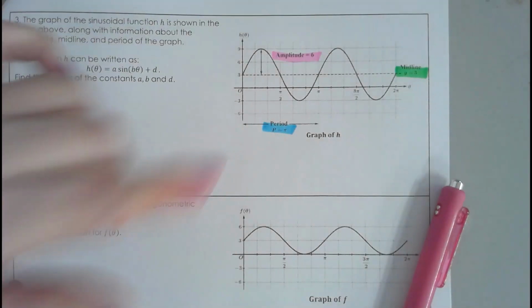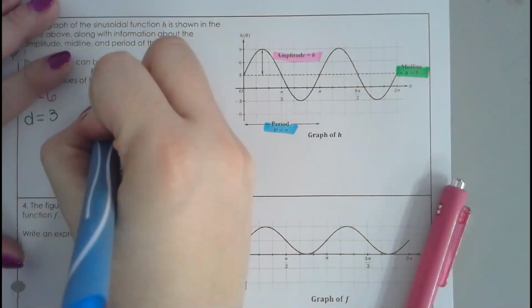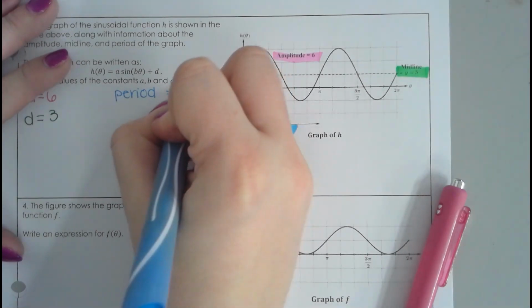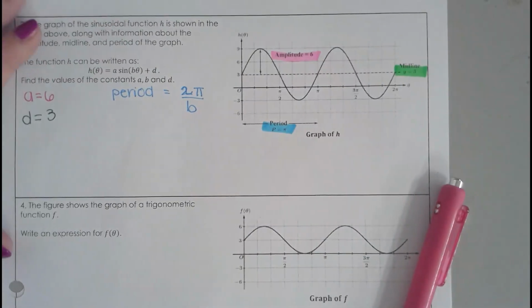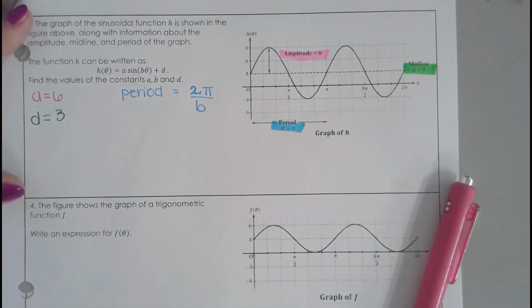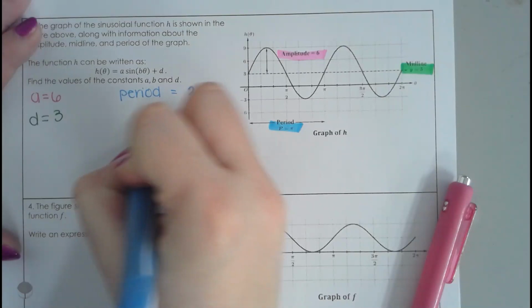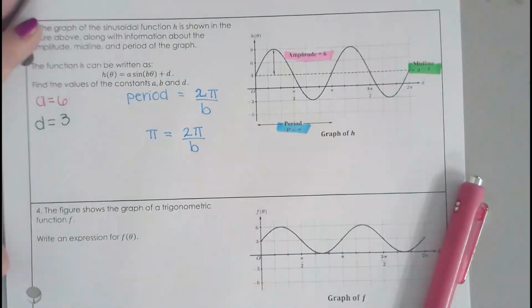Remember, your period is not B. Your period is 2 pi over B. So when I'm going from a graph to an equation, I've got to set pi equal to 2 pi over B.